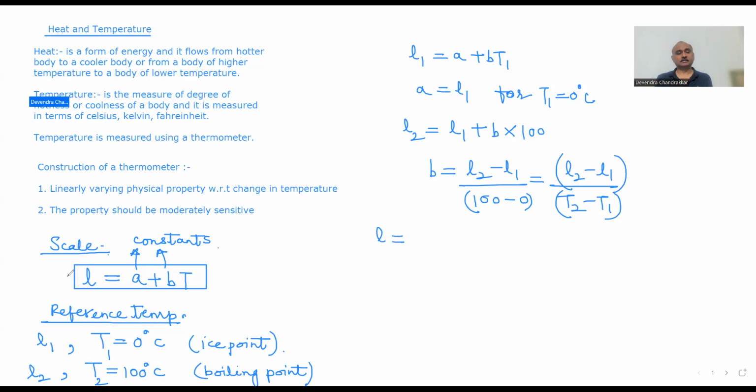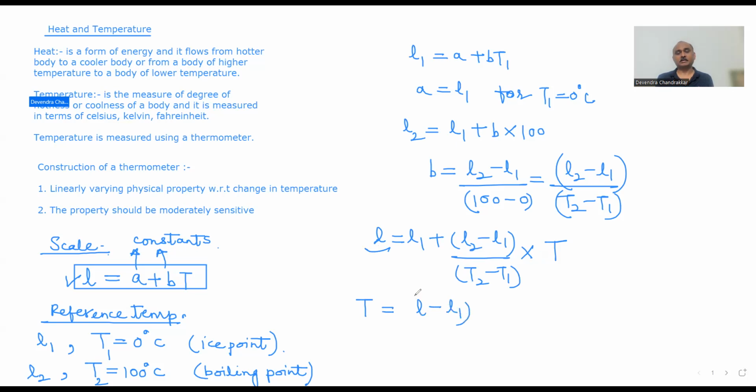Now what about length? This length will now become L is equal to L1 plus B into T, where B is L2 minus L1 upon T2 minus T1. Hello? Not 100. My bad, this is not 100. This is some T. So the value of temperature for a given length is equal to what?